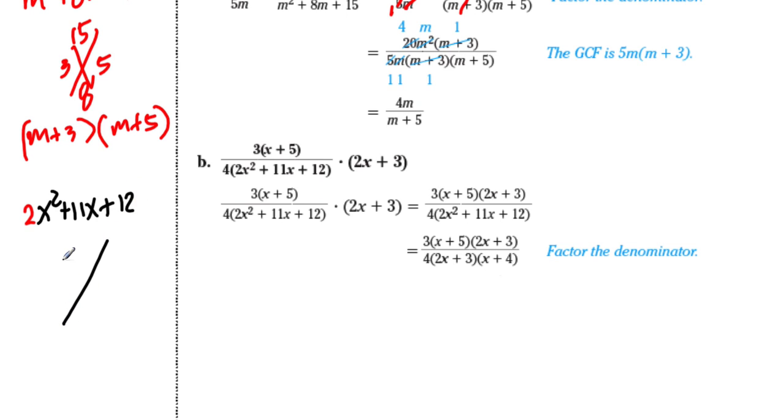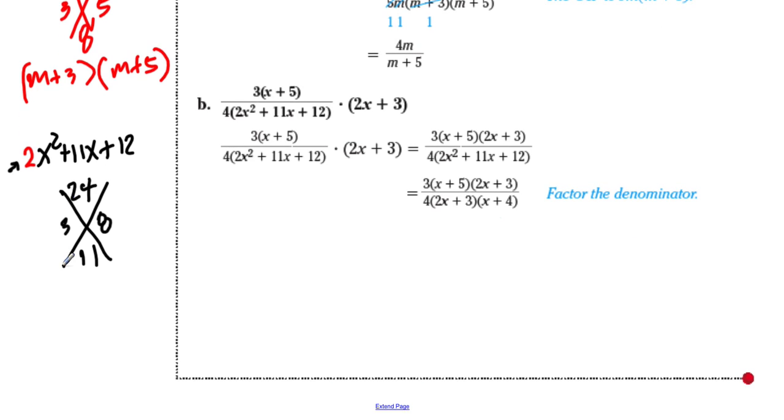And first, we use the power of x. This is 24, and this is 11. So what are the factors of 24 that will give you 11? That would be 3 and 8. But since the coefficient of our quadratic term is not 1, we use grouping.